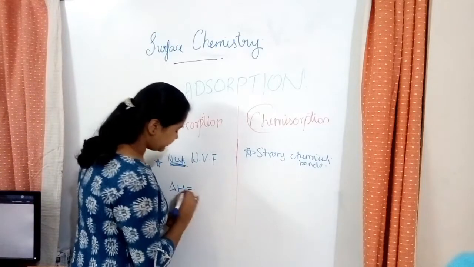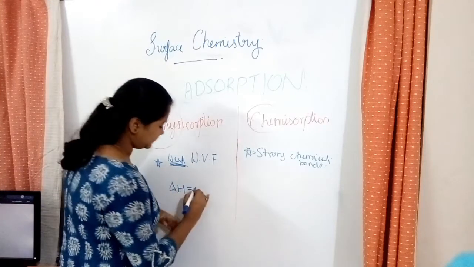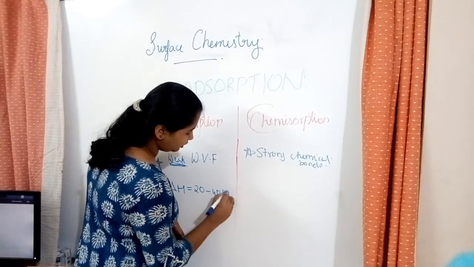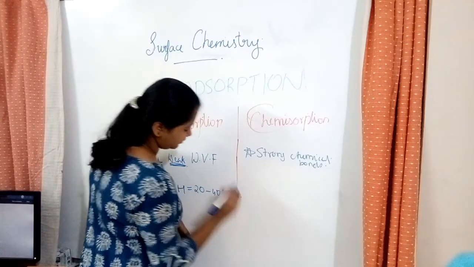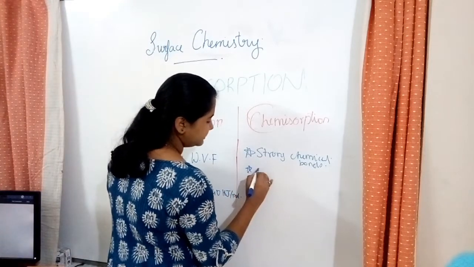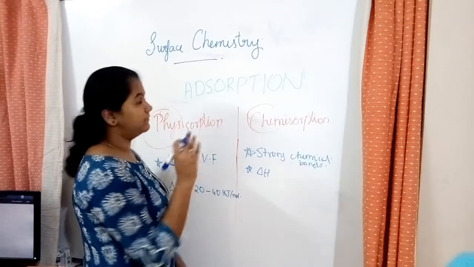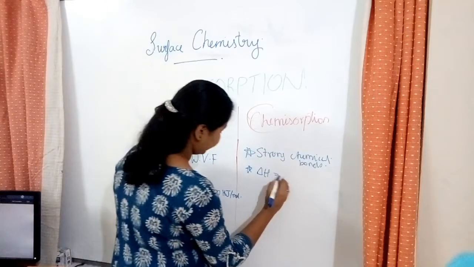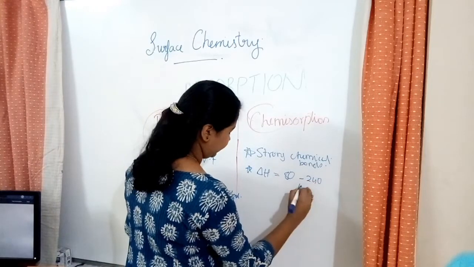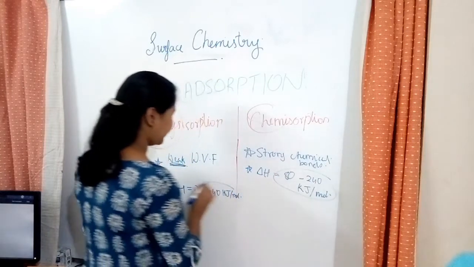The range of delta H is 20 to 40 kilojoule per mole. In the case of chemisorption, delta H, not hydration enthalpy but the enthalpy of adsorption, is 80 to 240 kilojoule per mole. All these are approximate values.